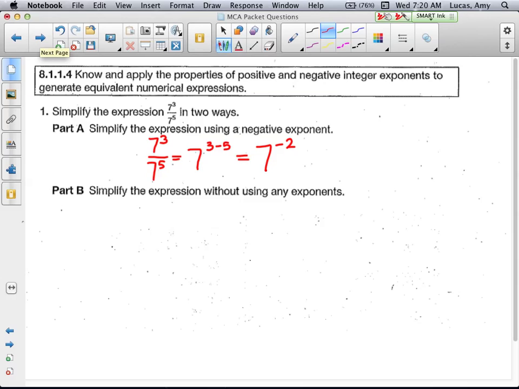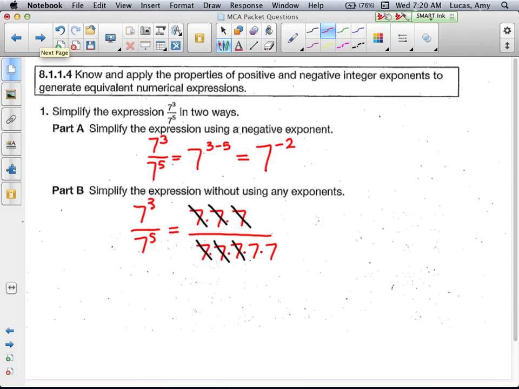The second one says simplify the expression without using any exponents. So for this one, I am going to expand it. 7 to the 3rd over 7 to the 5th would look like this. And remember that when you see the same factor in the numerator and denominator, they cancel out because 7 divided by 7 would be 1.